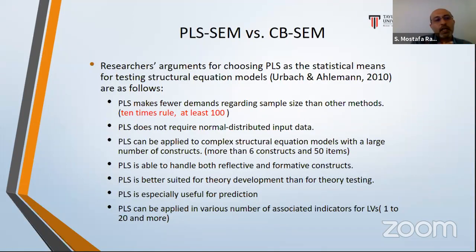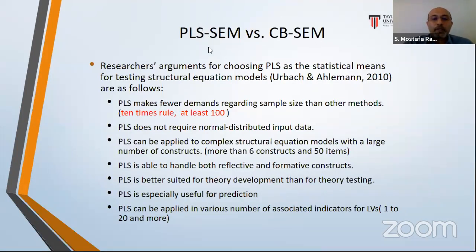But CB-SEM is suitable for theory testing because in CB-SEM, we need to provide goodness of fit and compare the covariance matrix from data and from the model. So we need to see the model fit, and that is the evaluation of fit. So it is suitable for theory testing.